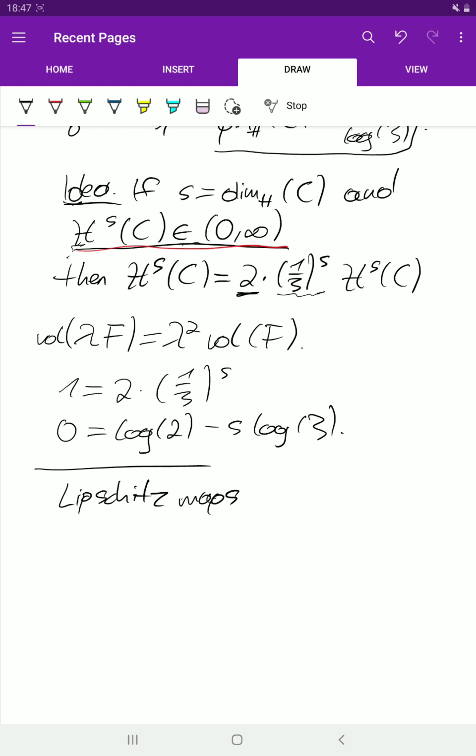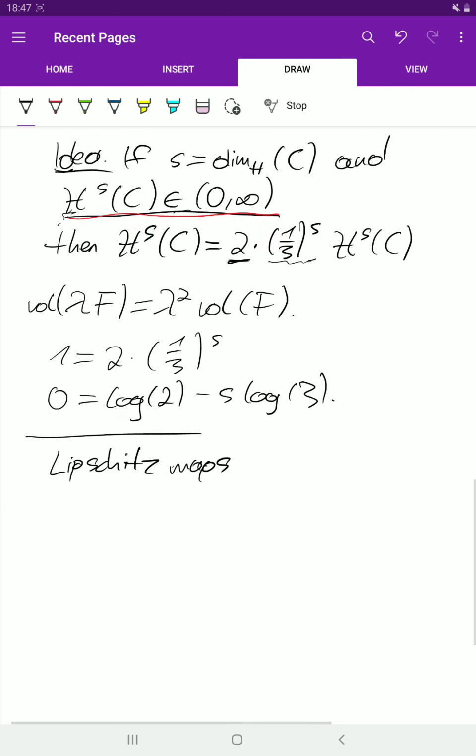And probably in the next video I'll tell you a little bit about Lipschitz maps and about that polynomials preserve the Hausdorff dimension on the real line.